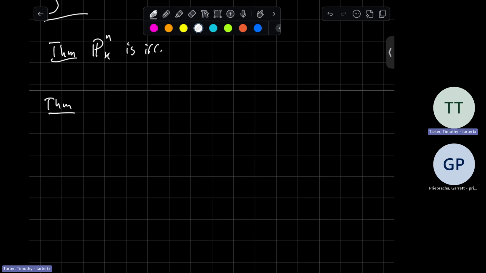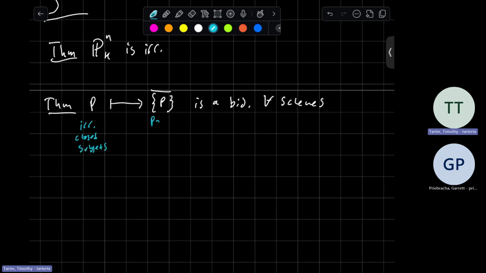So, theorem, P getting mapped to P closure is a bijection for all schemes, i.e. irreducible closed subsets, points of schemes.